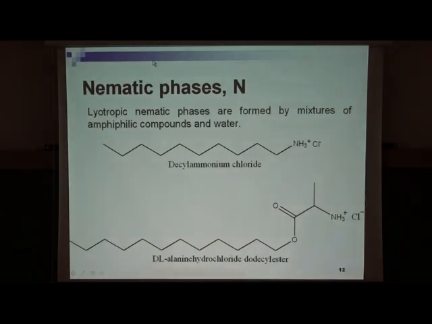Okay, nematic phases and smectic phases are the subject of the thesis, so I will talk about these phases largely. Nematic phases can be obtained by mixtures of amphiphilic molecules and water. They can be obtained by this type of chiral amphiphilic molecules or racemic amphiphilic molecules. For example, here is an example, the alanine hydrochloric acid ester, and this is the ammonium chloride.